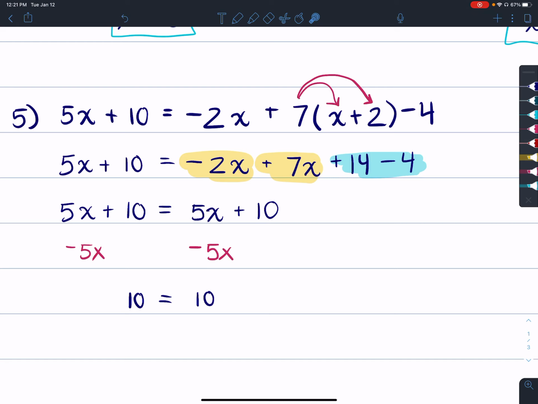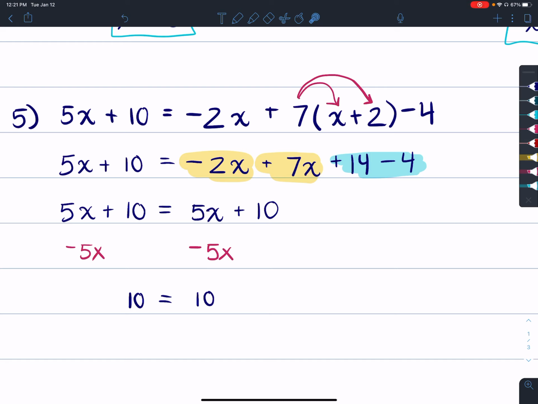Basically, this means that our x's will cancel out, and that whatever x ends up being doesn't actually matter, because it gets multiplied by the same number on both sides. So no matter what x is, it remains equal, right?